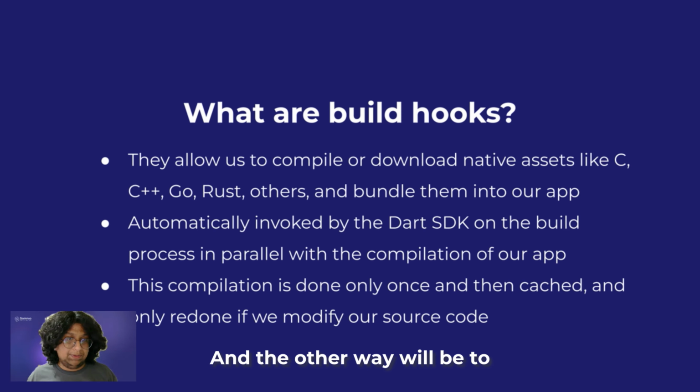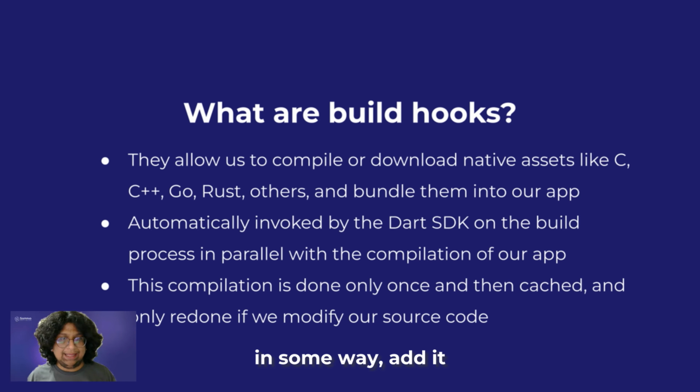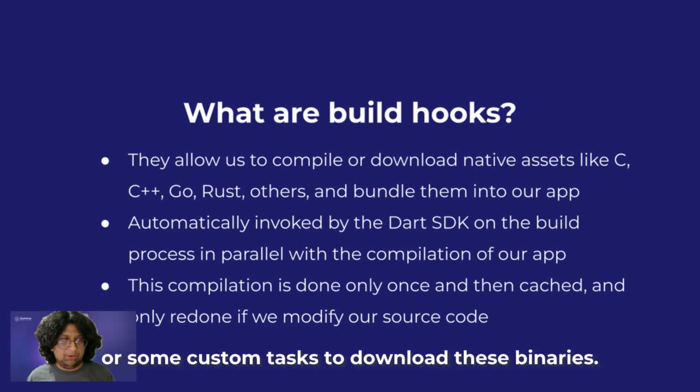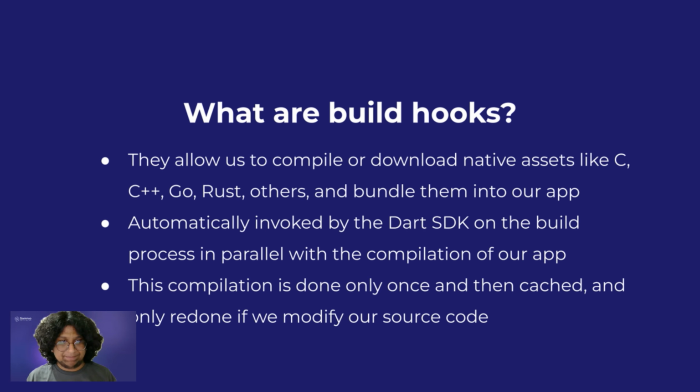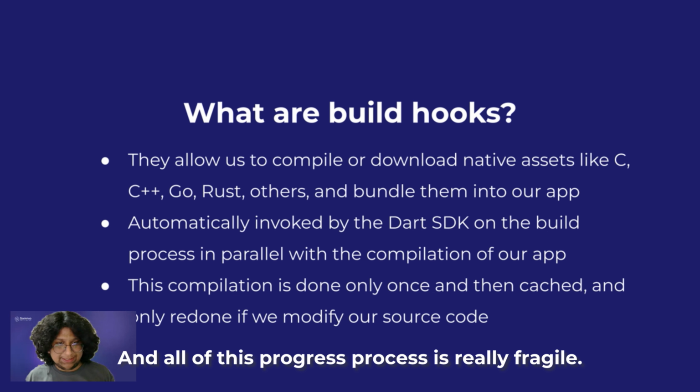And the other way would be to, in some way, add it in some external repository, add some scripts in the build phases, like in Xcode, or some custom Gradle tasks to download these binaries. And all of this process is really fragile.